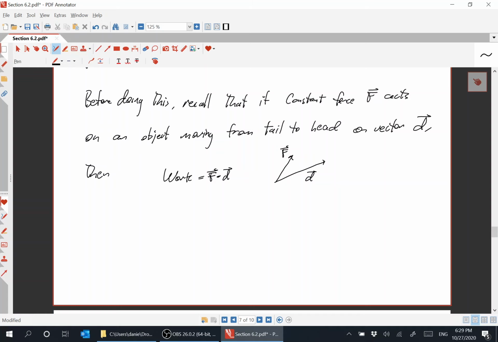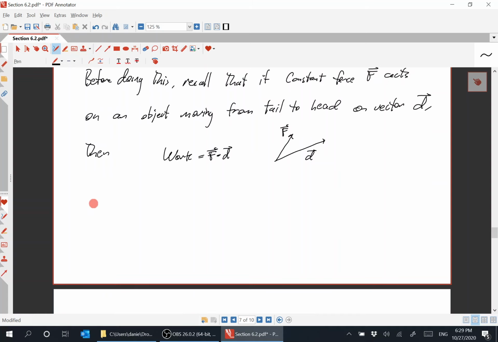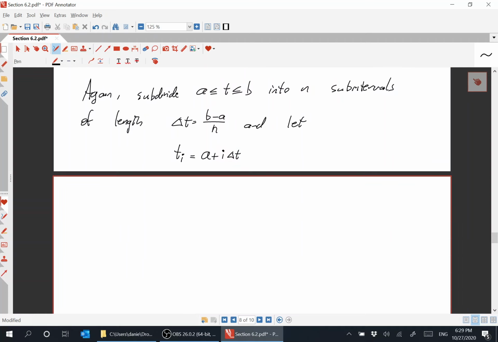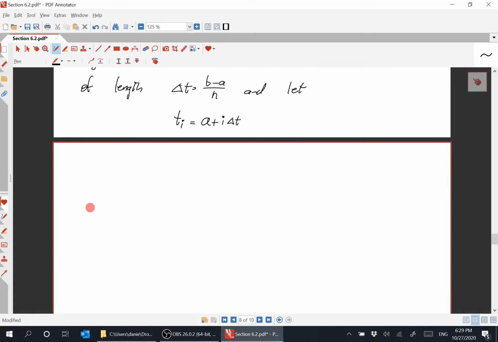Okay, so again, subdivide the interval from a to b into n subintervals of length delta t equal to b minus a over n, and let t_i equal a plus i delta t. All right, so we've got our curve.